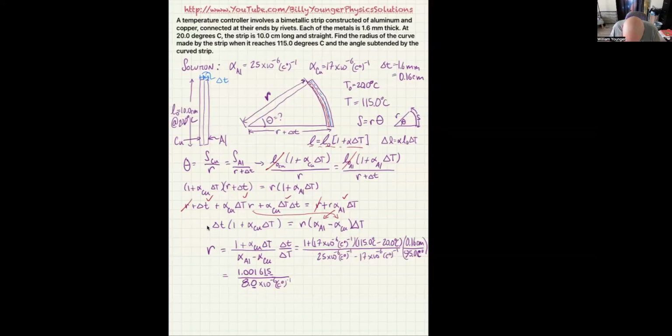And in that case, I'm going to get 0.001684. And that unit should be centimeters per Celsius degree.